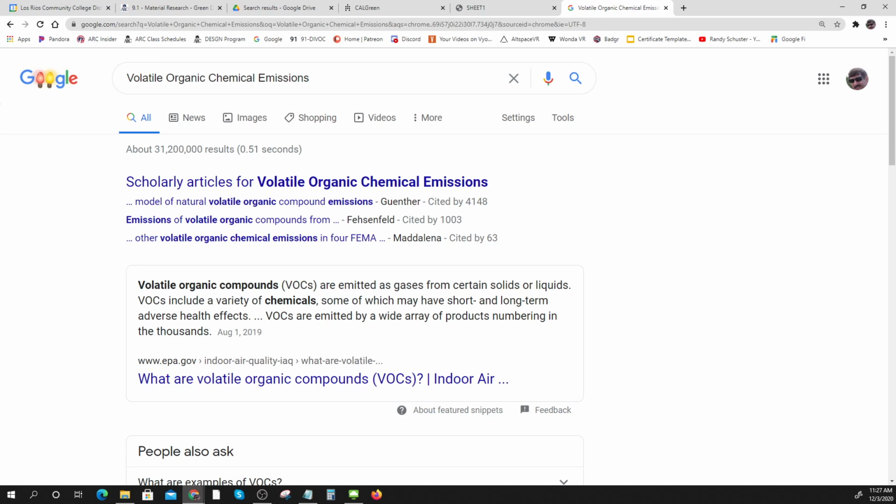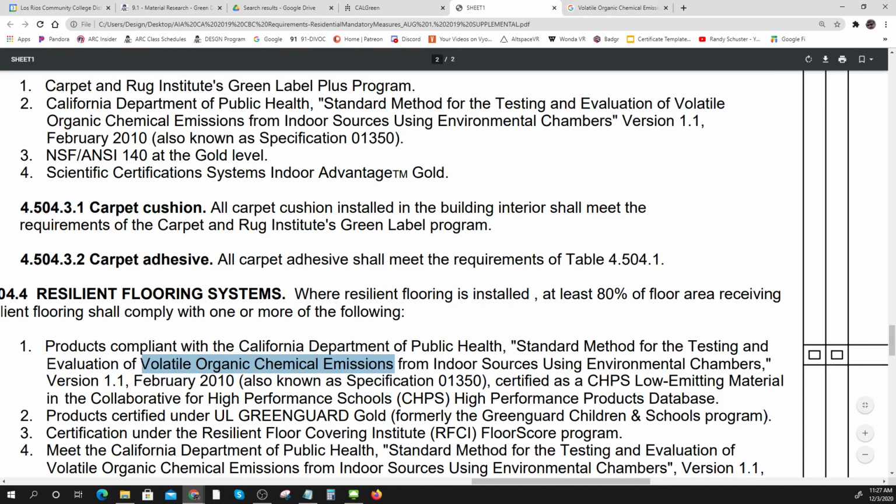Emitted as gases from certain solids, a variety have short and long-term health effects. Okay, well, it's something that's emitted as a gas from a solid or a liquid. I got at least that part, and it can be an adverse health effect. It can be bad for you. Okay, so I got that part.